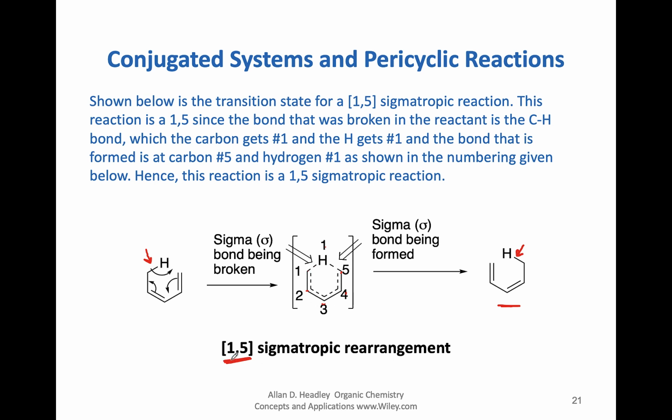So it becomes a 1, 5 sigmatropic rearrangement. So the name of this type rearrangement is a 1, 5. Once again, because the bond that's broken here is right here, we start numbering. So the separation between the bond that's being broken and formed is 5 atoms, and the other one is just 1 atom, so it becomes a 1, 5 sigmatropic rearrangement.